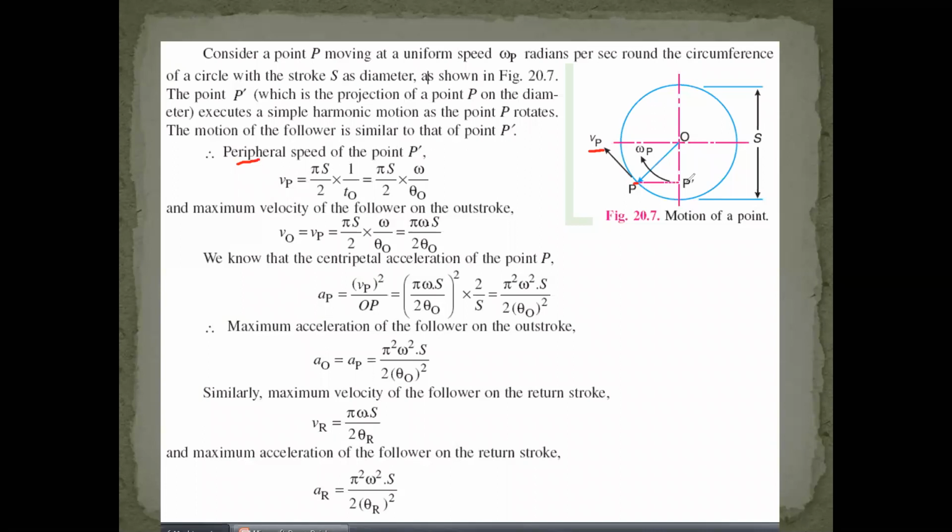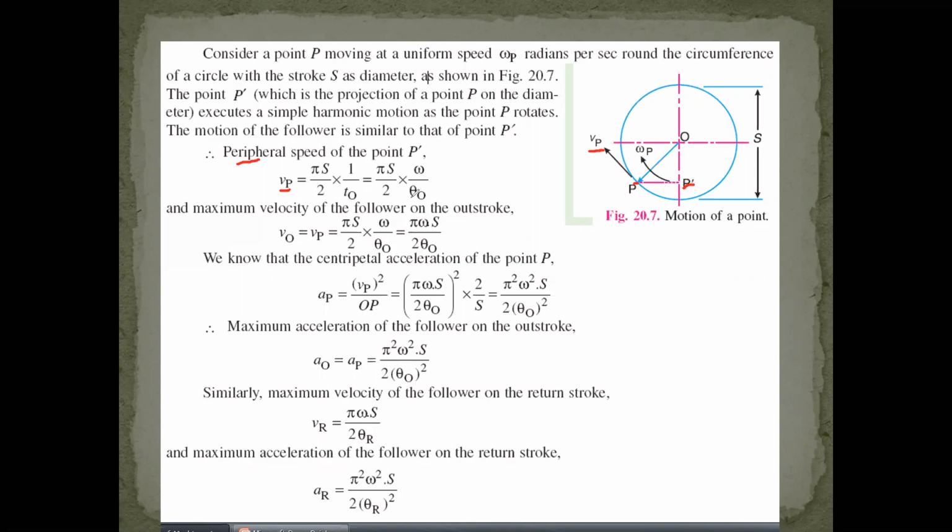Therefore, the peripheral speed of the point P, which is the projection P dash, is Vp equals pi into S by 2 into 1 by t naught.